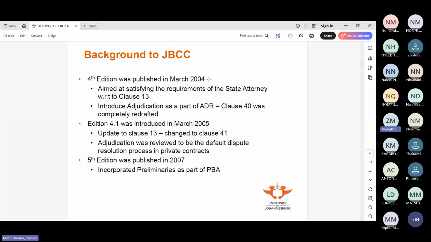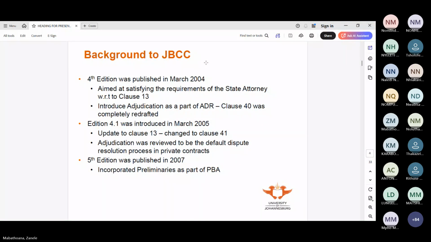So the quantity surveyors, the architects, the project managers, the professionals, and even the contractors, and then the state also. I think SAPOA as well, the property body. They don't have a seat as such, but they are allowed to be a part of it as the clients.